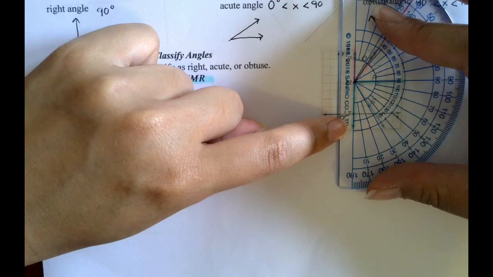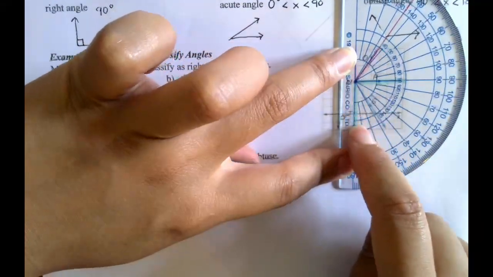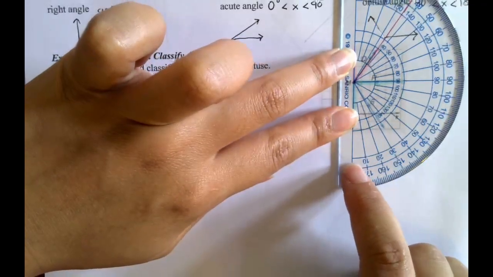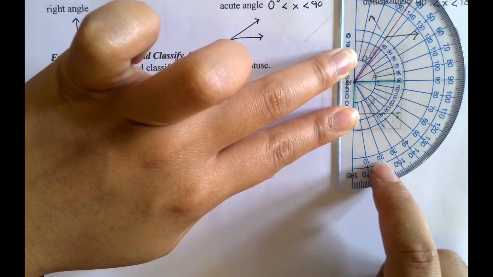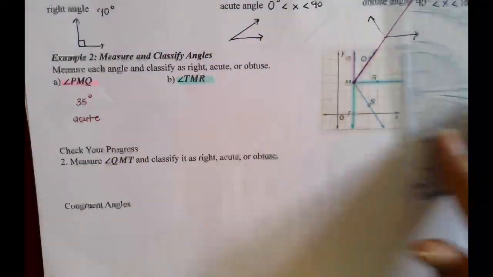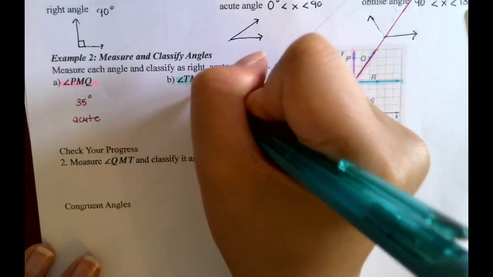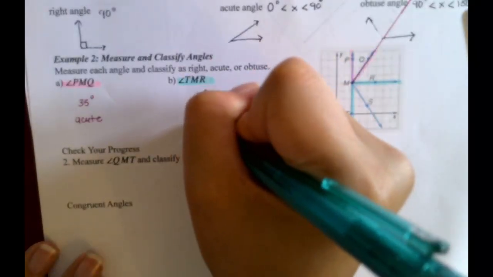Okay, and then here we can see it is, since it's pointing to this side, I'm going to use the 0 starting on this side, which is my bottom, and then it goes to 90. So that's 90 degrees. Okay. This one was a little bit obvious, but there you go. So 90 degrees, and that is a right angle.